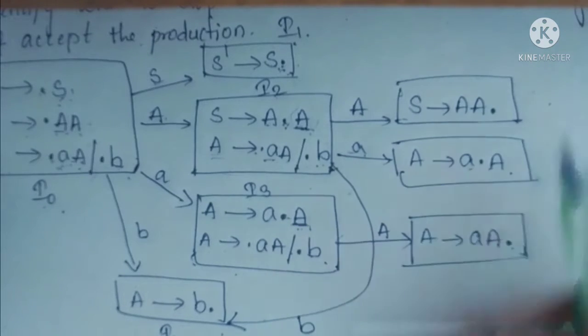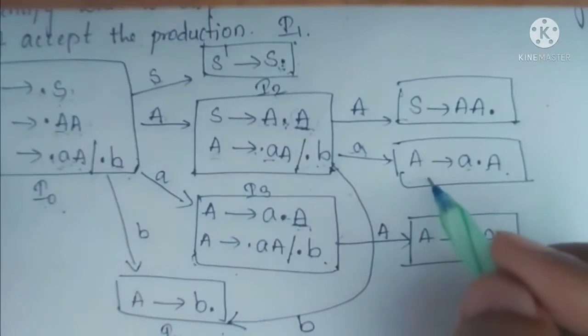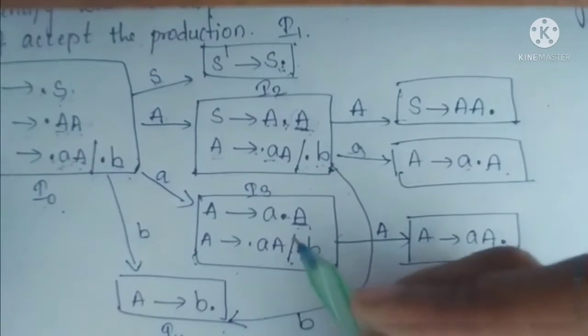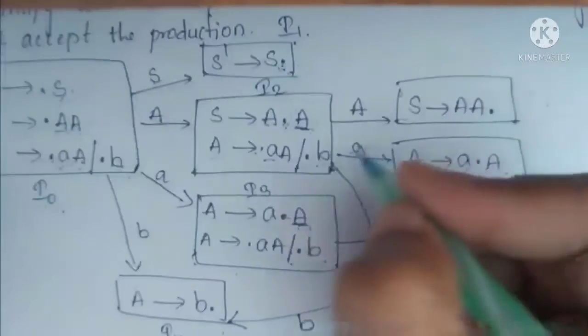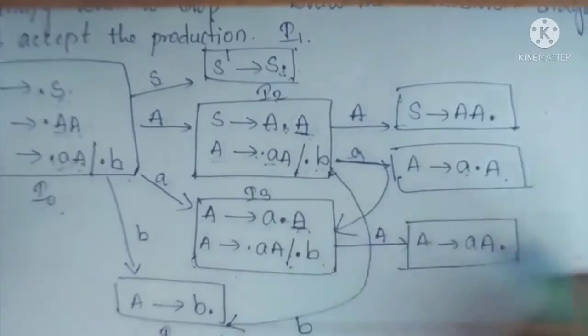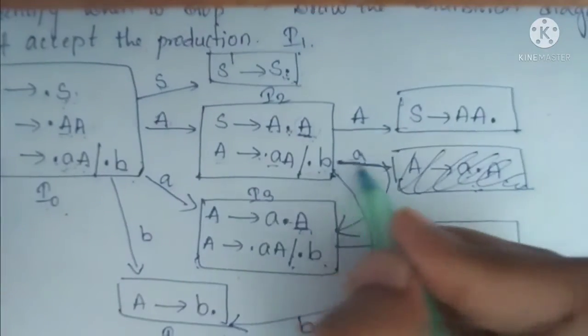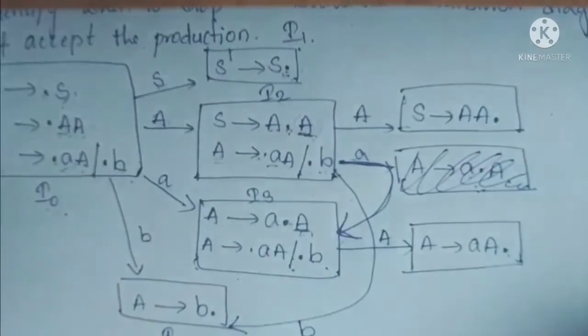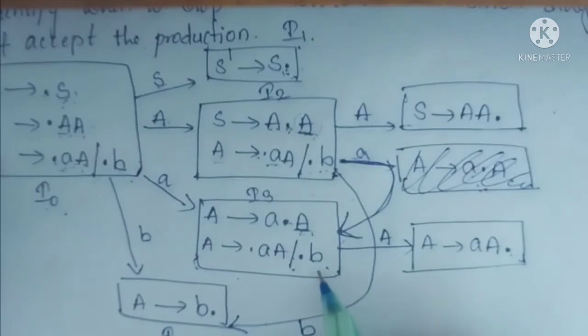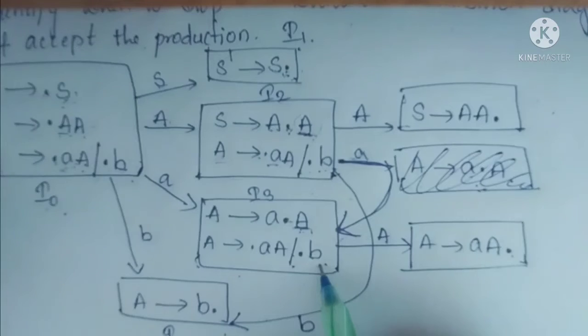So see here, in the I3 state you are already having this A state. So you can directly give A state to here. No need to write this state again. You can directly mark like this also, no problem. Next you are having the B state. For the B state you can give like this, B.